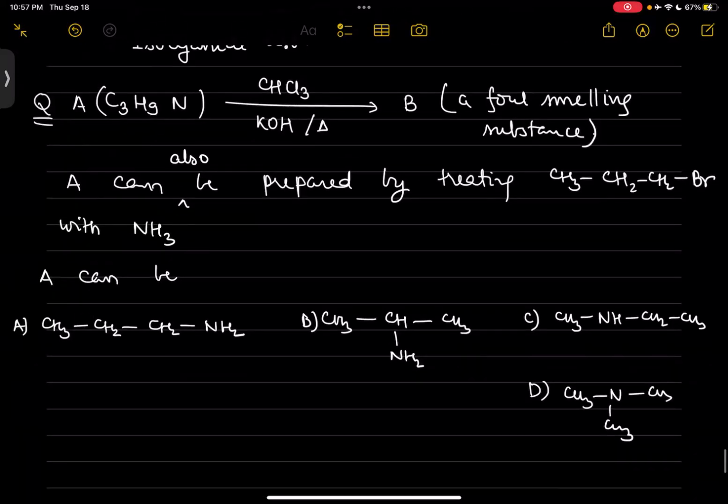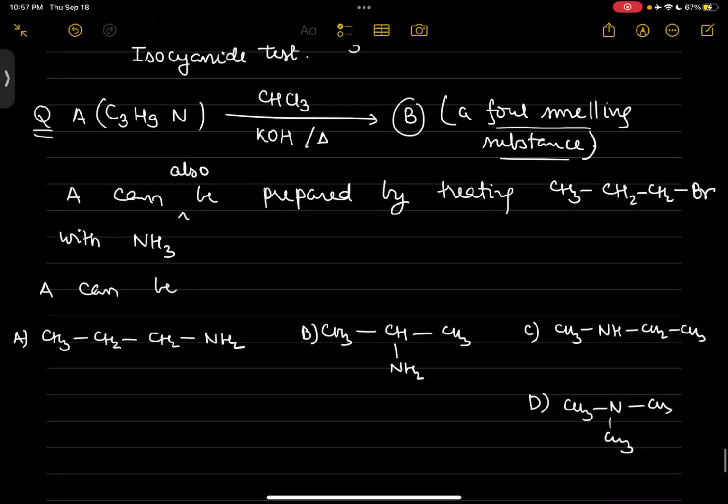It's very simple. First of all, a foul smelling substance indicates that it is a primary amine. It is a primary amine with 3 carbon atoms. Now the question is, is it this amine? This is also primary, NH2, and not this amine.